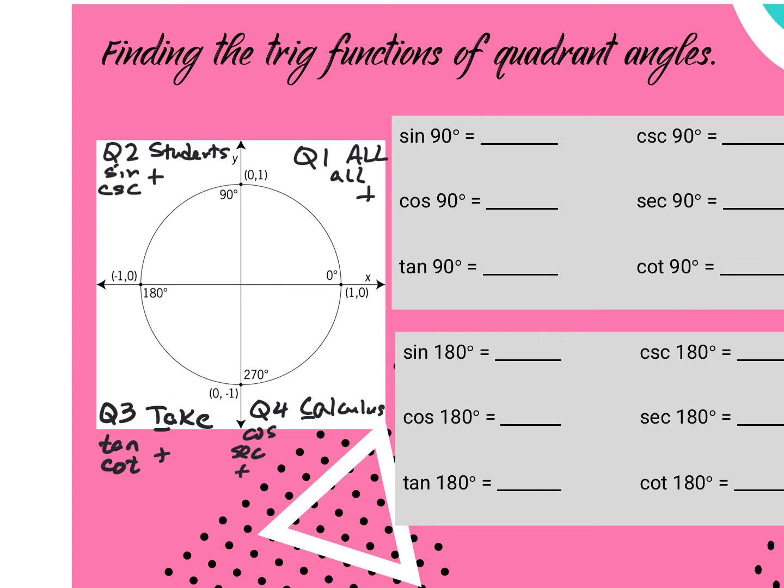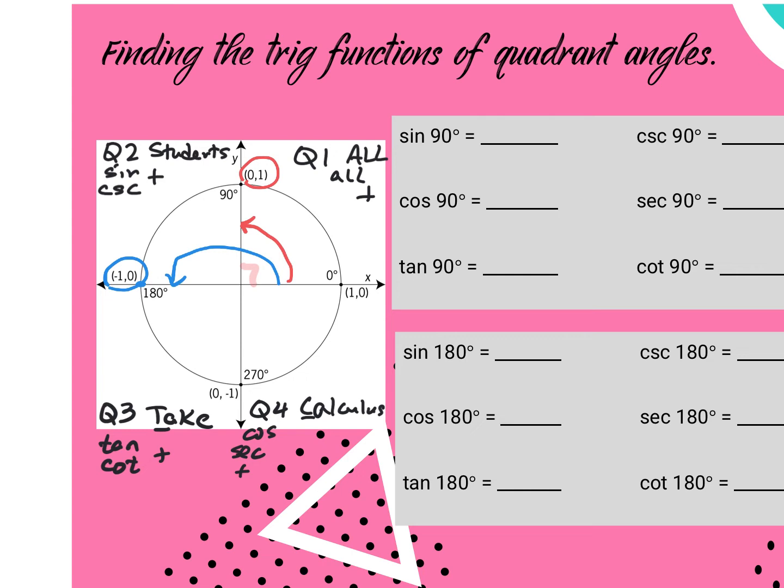Now, we're going to be referring to the quadrant angles. And when we do this, we're going to be using ordered pairs that are on the axis. So for example, for a 90-degree angle here, if I were to measure it, it would come up here, and I would be using this ordered pair of 0, 1. If I am making a 180-degree angle, then I'm going to be using this ordered pair, -1, 0.